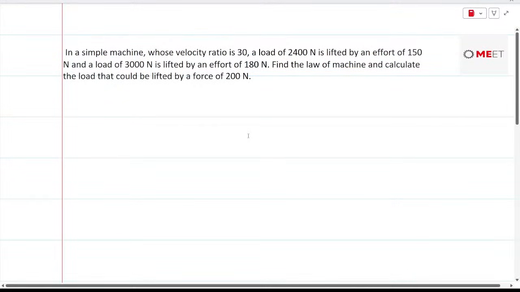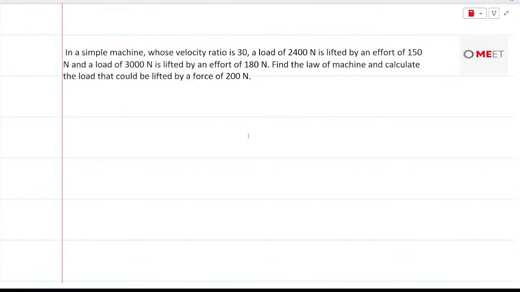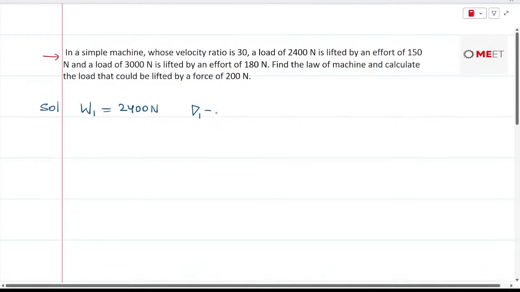The question is about a simple machine whose velocity ratio is 30. Load of 2400 is lifted by an effort of 150 newtons. And in the second case, load of 3000 is lifted by an effort of 180. So the load in the first case is given as 2400 and the effort is 150 newtons.